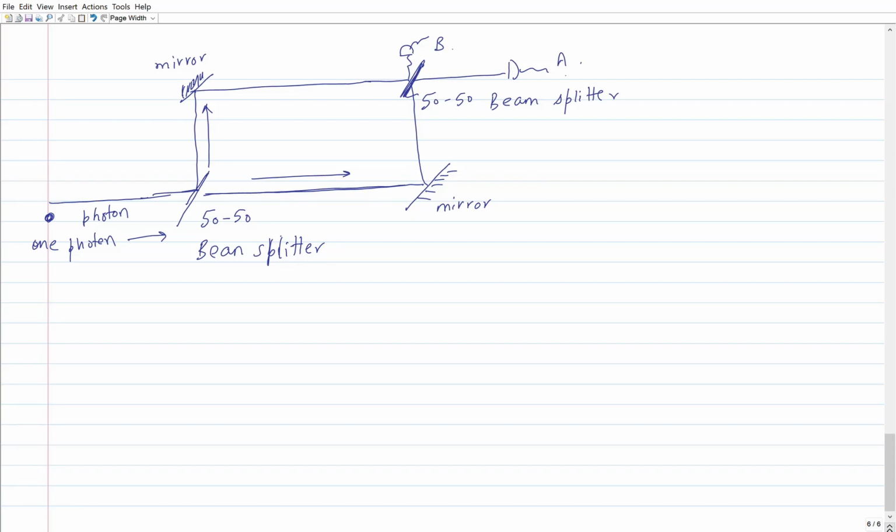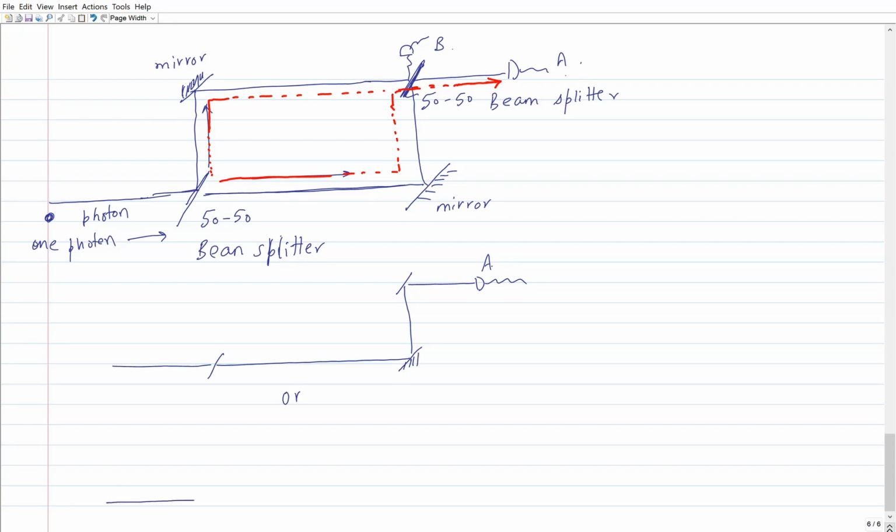Okay, so one possible path for the photon is it goes this way towards detector A, or it can go this way towards detector A. So just towards A, the paths taken by the photon are this or this.